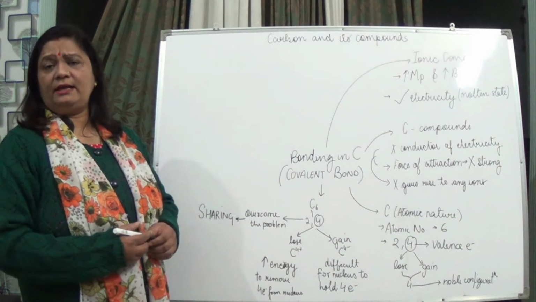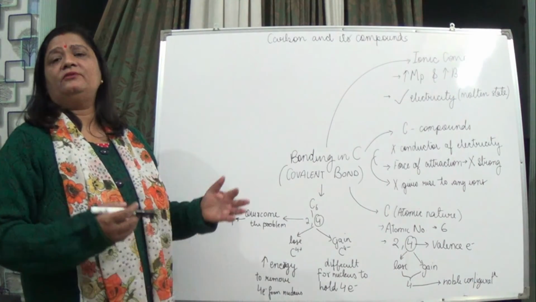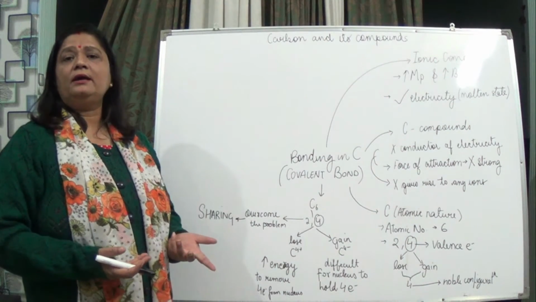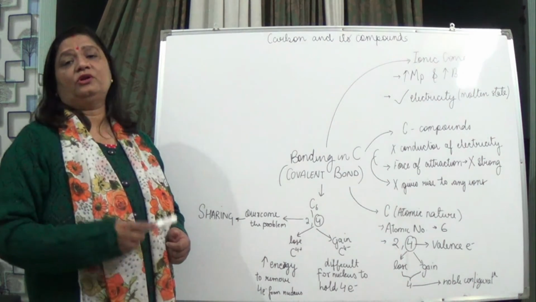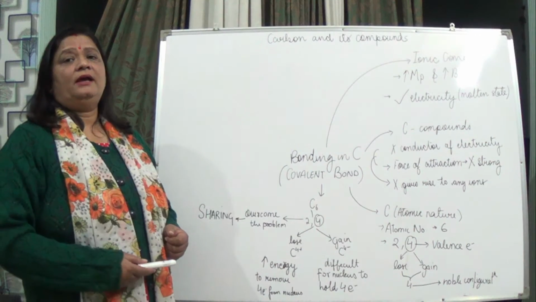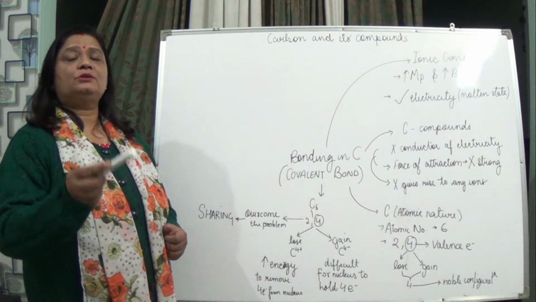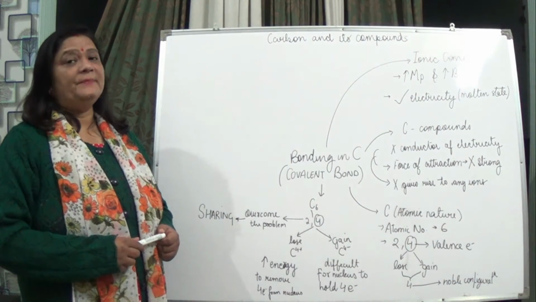It is basically butane, which you will study in this chapter. When you heat it, you get carbon dioxide, water and heat. And how will you prove that carbon dioxide is released? When you pass it through lime water, it turns milky.